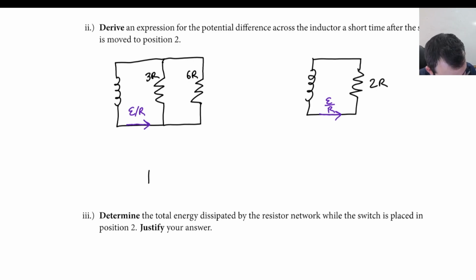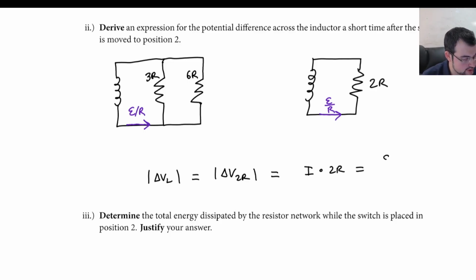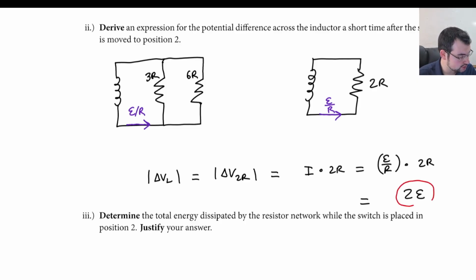So we actually know that delta V across the inductor is going to be the same as the delta V across this 2R resistor, which is going to be I times R. I, we said, was epsilon over R, and the resistance is 2R, so we get 2 times epsilon. So when I said we get something interesting here, this is why it's interesting.